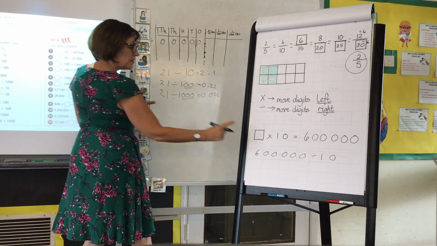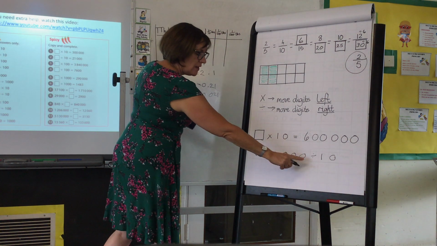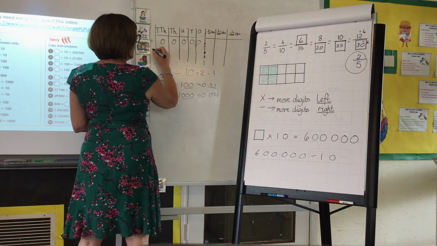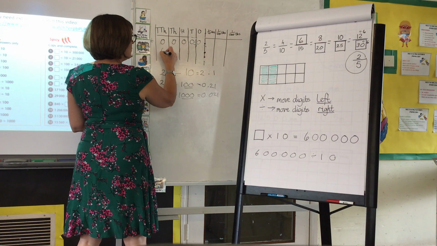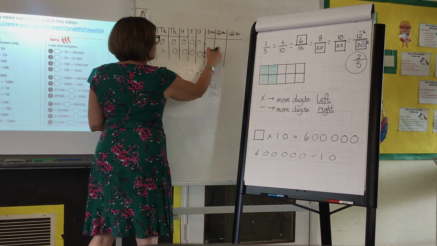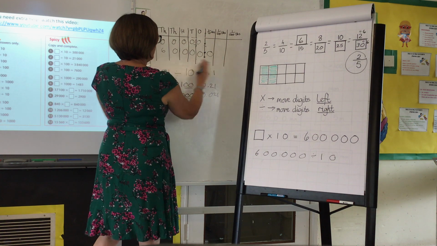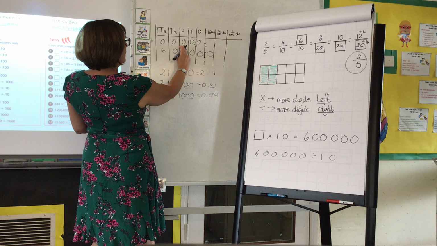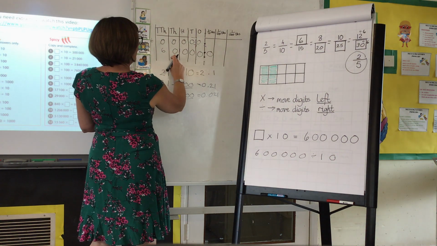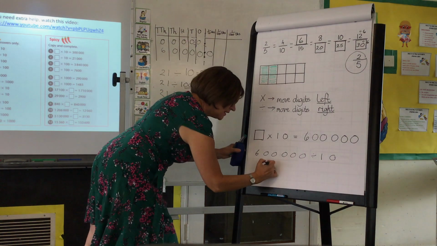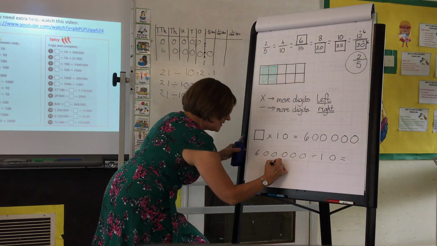Because you're dividing by 10, you're moving everything 1 place to the right. So the 6 moves 1 place, the 0 moves 1 place, and so on, and you end up with everything having moved. So your answer would be 60,000.